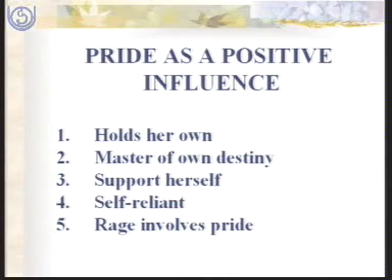And the novel's epigraph, "Do not go gentle into that good night, rage, rage against the dying of the light," these lines by Dylan Thomas, also express her rebellion. Her rage involves her pride. So basically her pride helps her to hold her own, it makes her the master of her own destiny, it helps her to support herself, she becomes self-reliant, and also the rage that she has is because of her pride. So these were the positive angles.